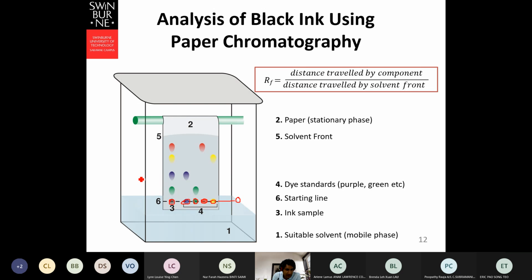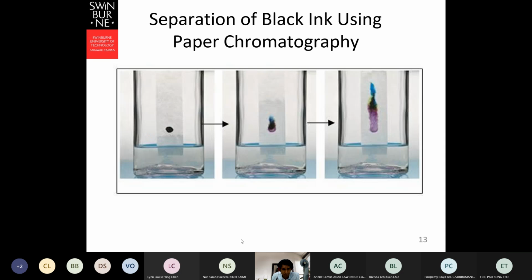It is not totally under the liquid, but it should be somewhere that the liquid starts, so it can get in touch. So where we start, 0, is where we put the ink on the paper, not where the water is. The water or liquid may be here, but this is not the zero line. The zero line is where the ink is.